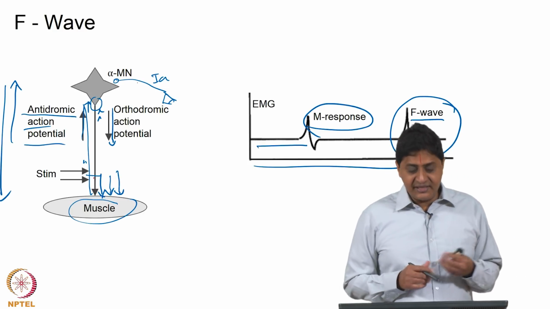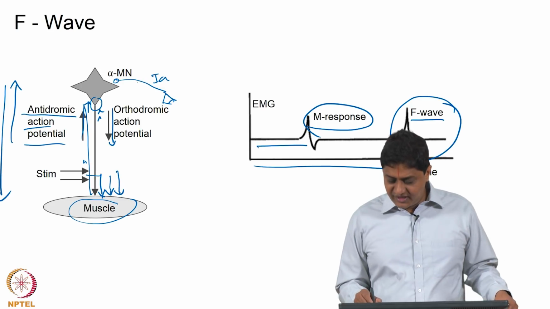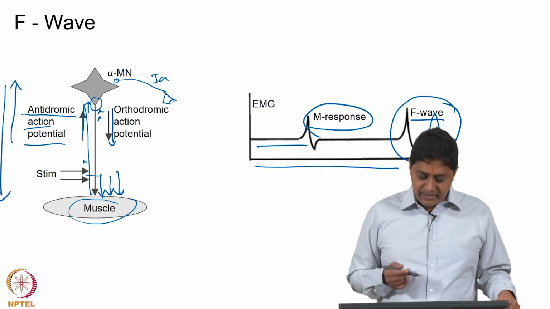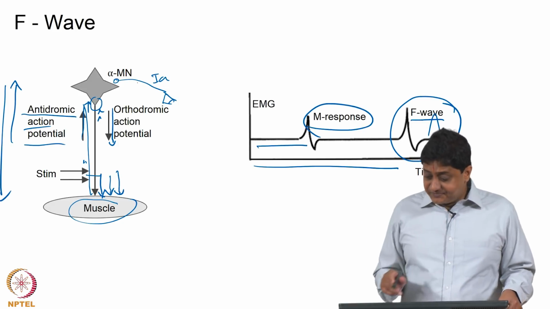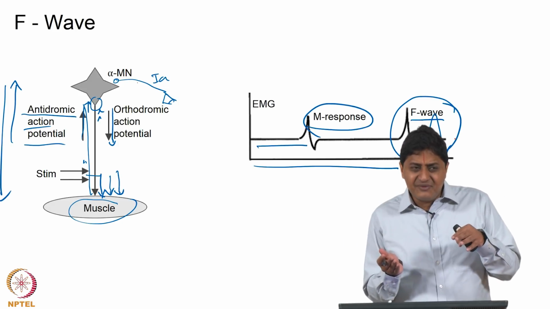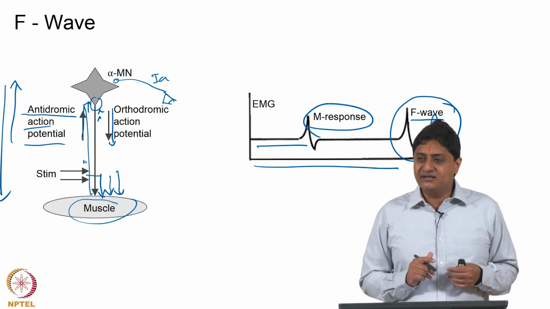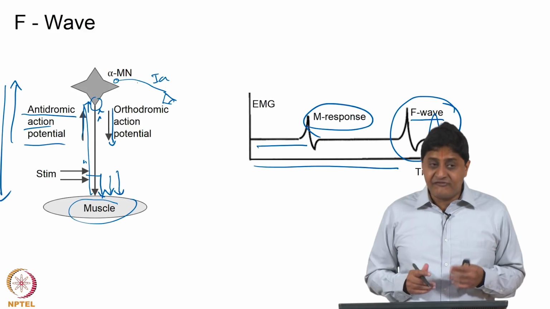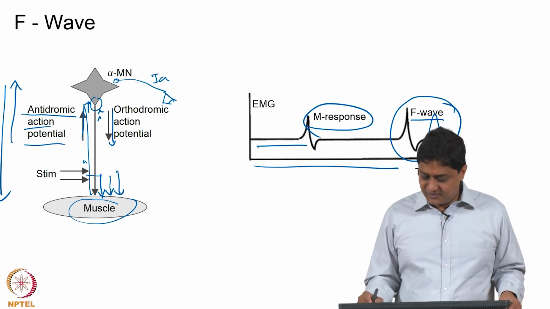An intelligent guess would be the following: the H reflex would arrive after it, if at all it arrives. In other words, F response timing is going to be slightly earlier than the H reflex's timing, just slightly ahead of the H reflex's timing, if at all there is an H reflex. This is the H.